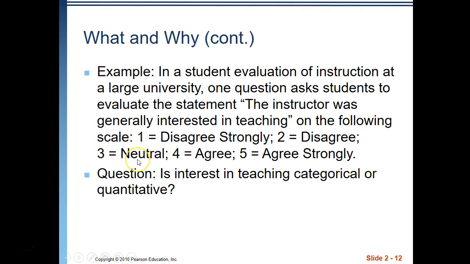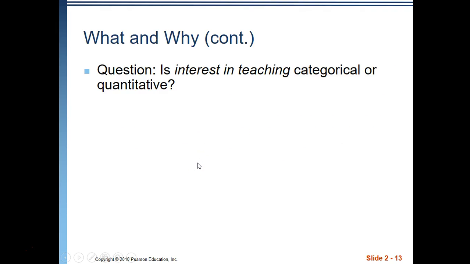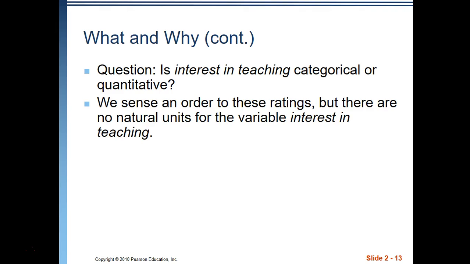I know there are numbers, but can I put a quantity on them, like an income or a height, or is it just a number that's representing a category? We sense an order to these ratings, but there is no nature.